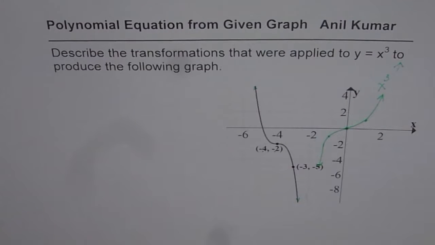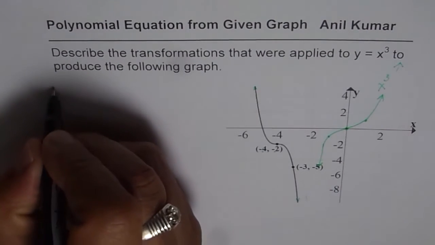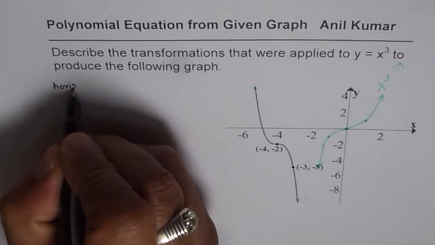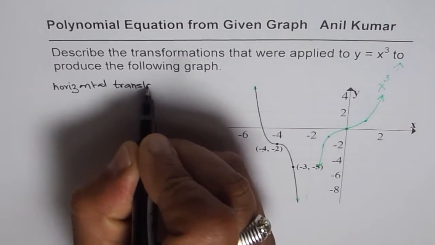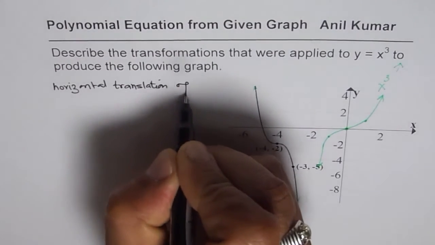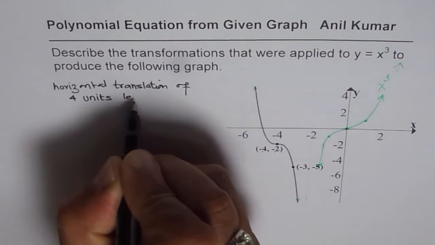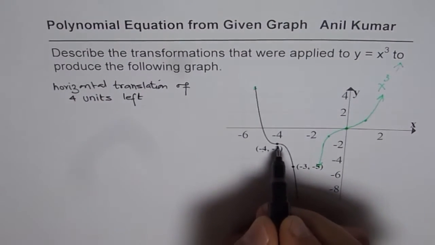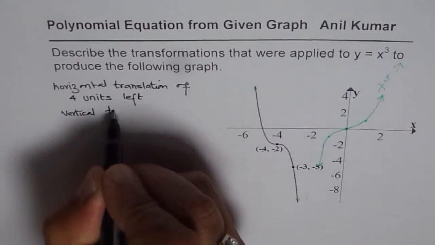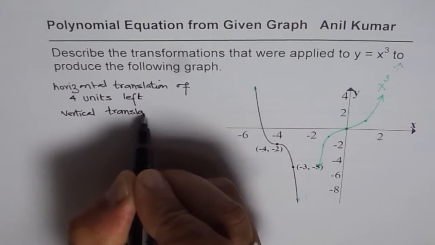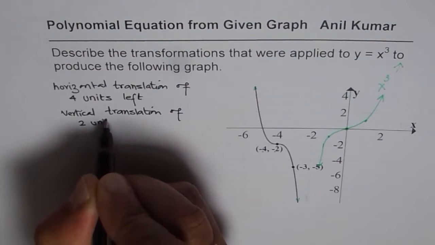We could write here that there is a horizontal translation of 4 units to the left, and 2 units down gives us a vertical translation of 2 units down.